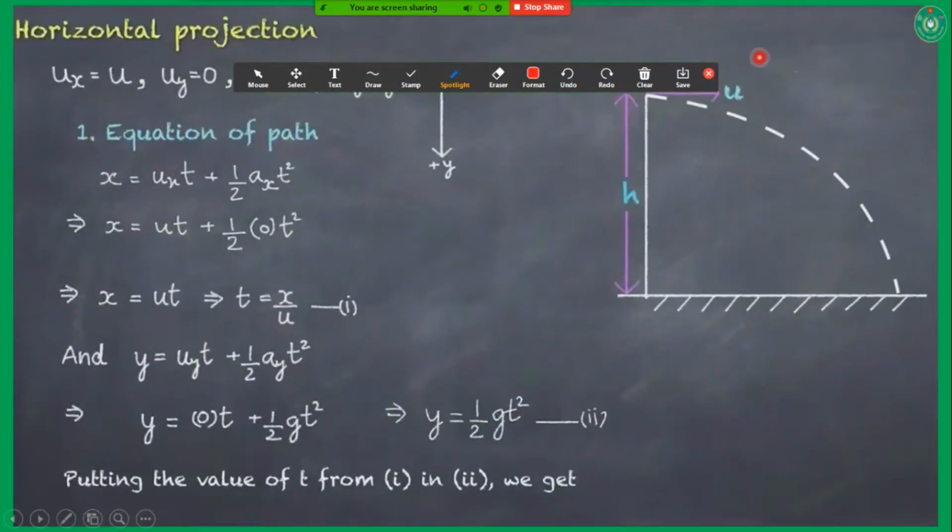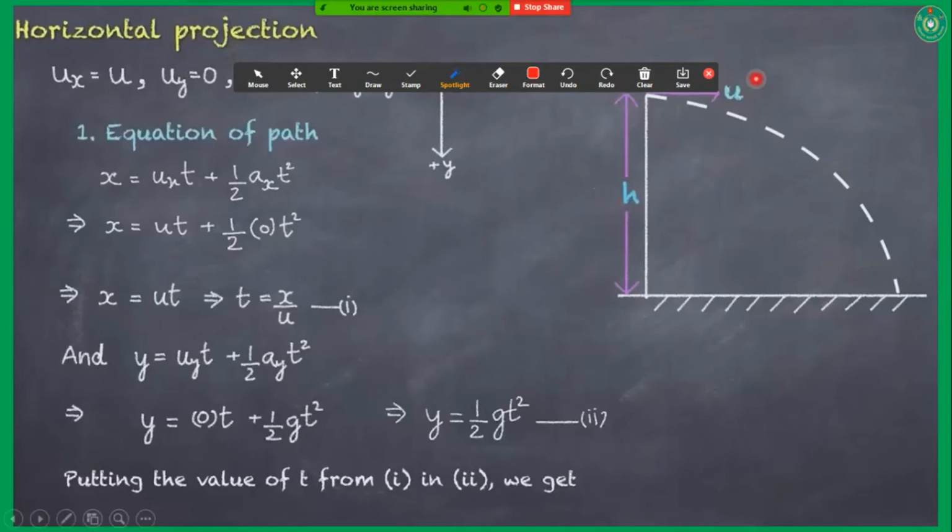Equation of path: let us suppose you are at some height, on a roof, and you are throwing a ball horizontally.